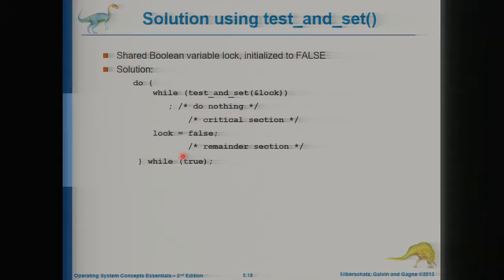When will that become false? When the process that first set the lock to true, the process that is executing the critical section, sets the lock value to false.